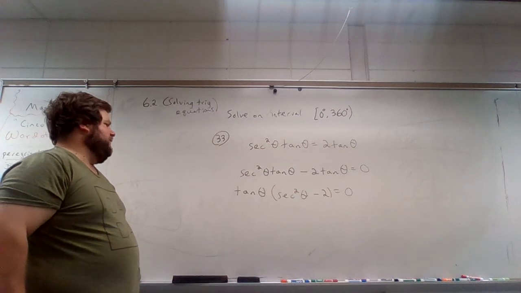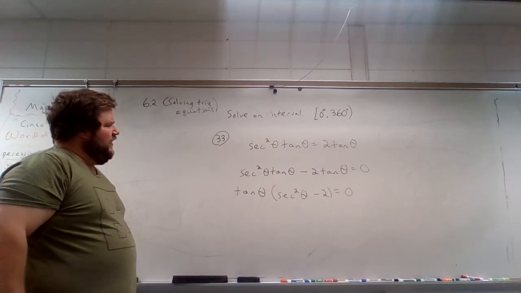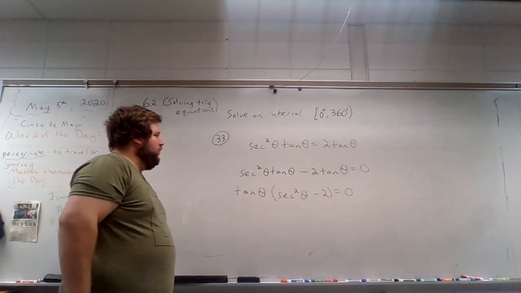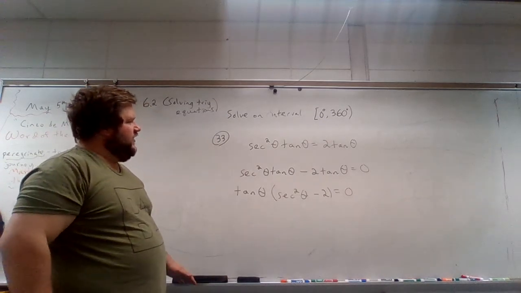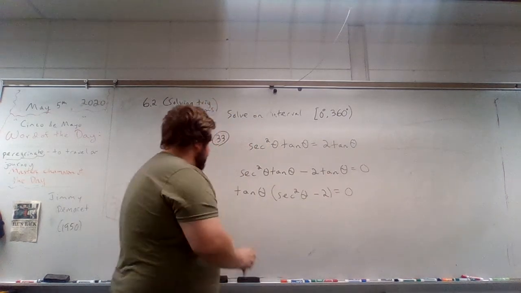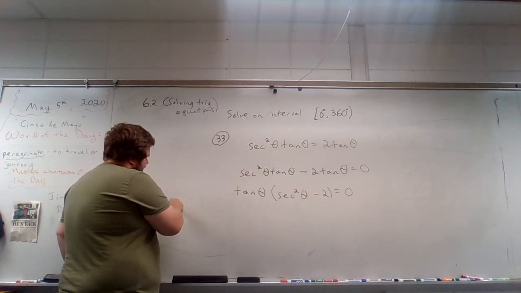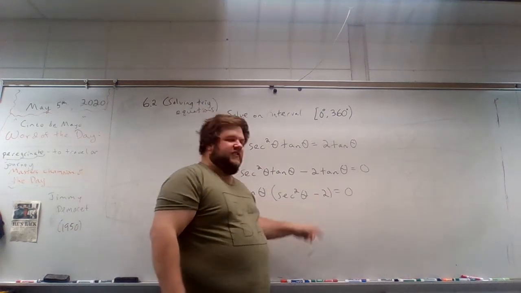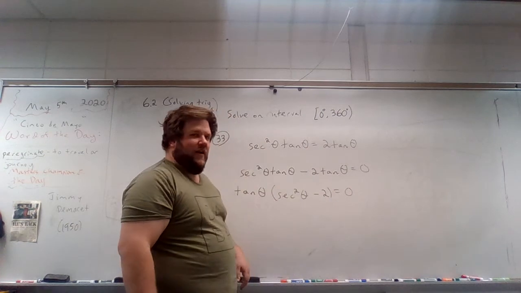Okay, now, I'll show you both ways. I'm not sure which way you're more comfortable with. The first thing is that, yes, this looks good to me. I've got the tangent theta is equal to 0. The other thing that you can do, and if you're saying this isn't a difference of perfect squares, you're kind of right.